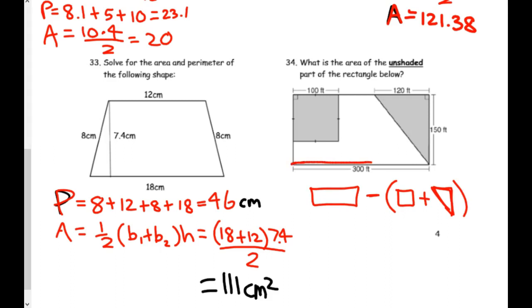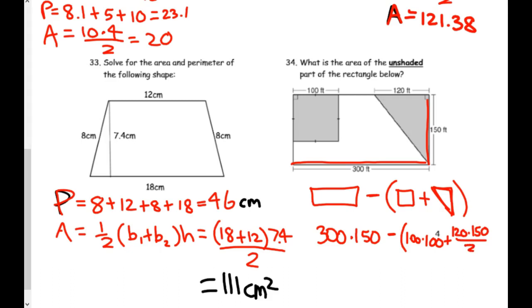I do length times width. 300 times 150. I'm going to get that number, minus, and what's the square? 100 times 100, plus, and for the triangle, it's base times height divided by 2, 120 times 150 over 2.